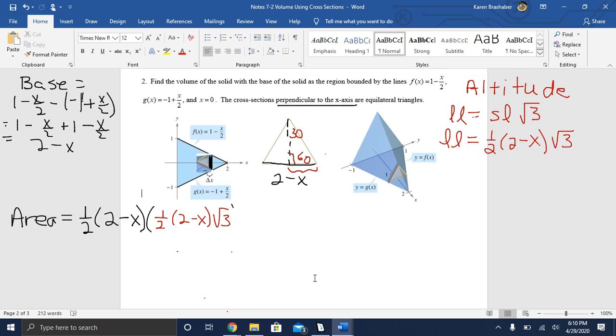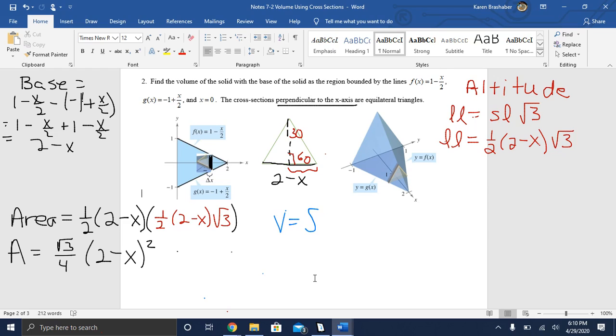And we'll simplify that so that we have the area equaling square root 3 over 4 times 2 minus x squared. So now we're ready to do the calculus. We're doing the volume, and that's going to equal the integral.